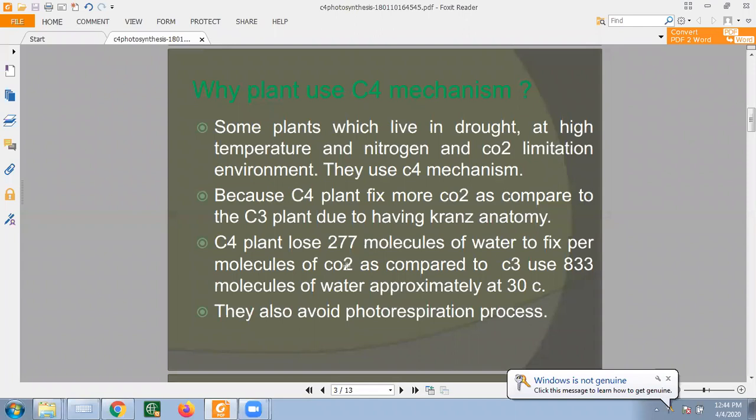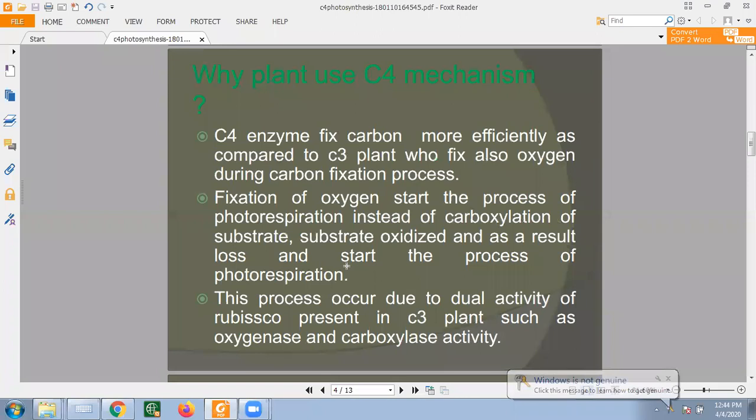Let us see why plants use the C4 mechanism. C4 plants have an enzyme that fixes carbon differently compared to C3 plants. Their activity and anatomical features are very different. C3 plants can also fix oxygen during the carbon fixation process; both activities take place at the same time.